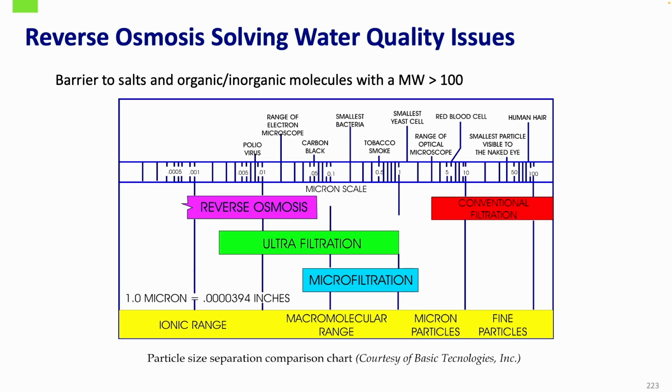And then here I have a graphic on what reverse osmosis removes. And as you'll see, conventional filtration is up there on the right-hand side, where reverse osmosis is down to the molecular weight removal of compounds and ions. It's very good in addressing a lot of these emerging contaminants, especially PFAS.